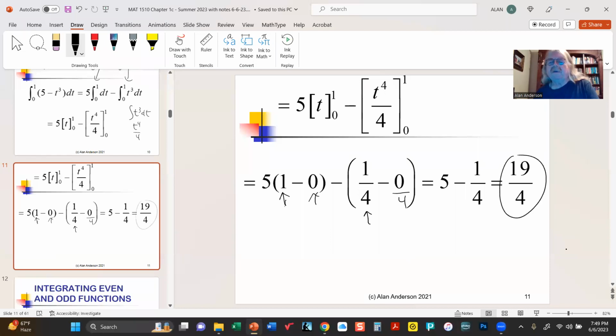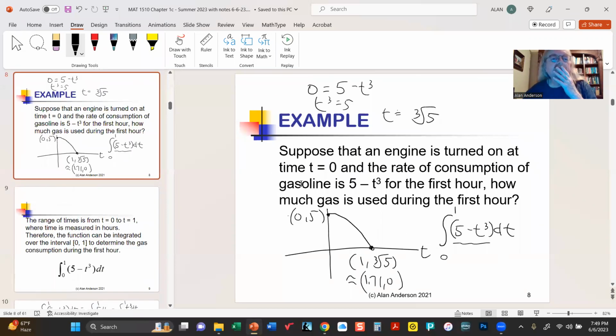So we end up altogether with 19 fourths. That's telling us that during the first hour, that's how much gas we used. I assume it's measured in gallons. What that represents is the area here under this curve. So what you're seeing here is how much gas is being used.